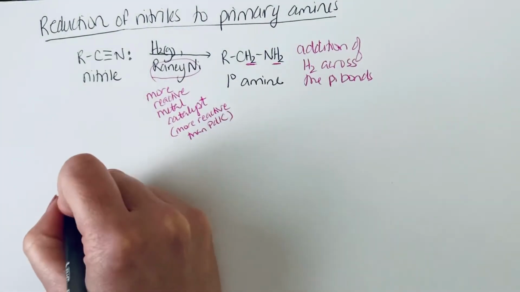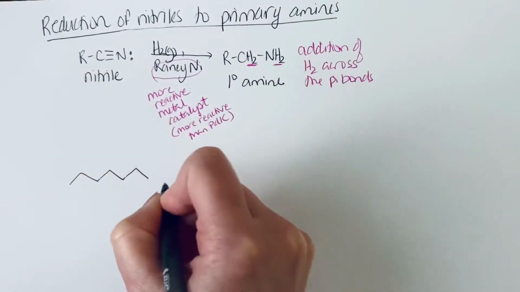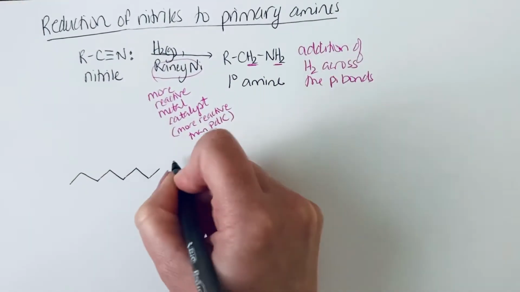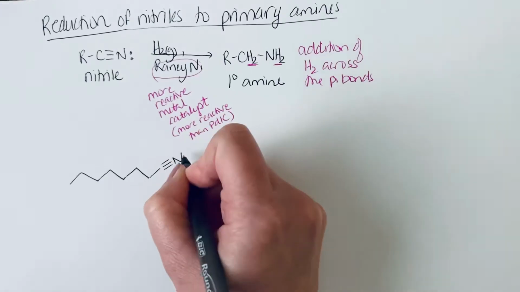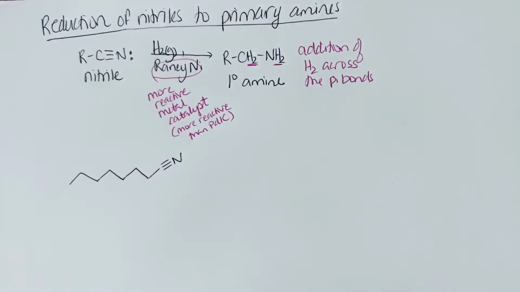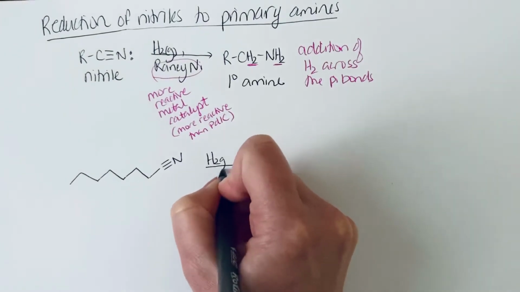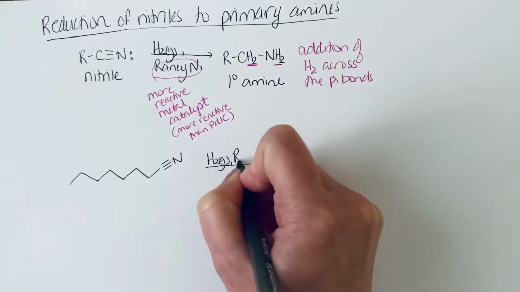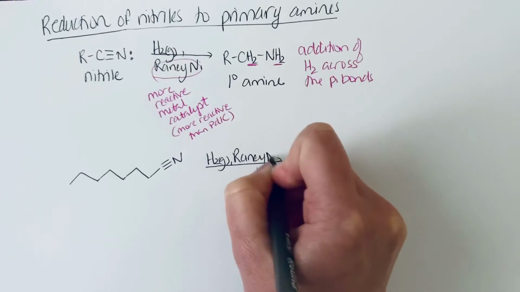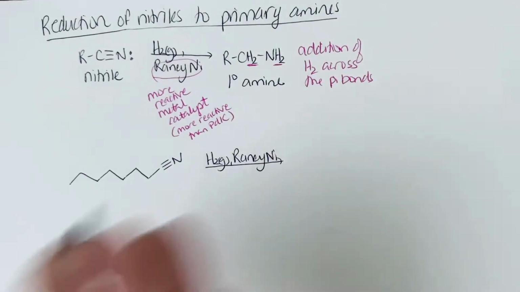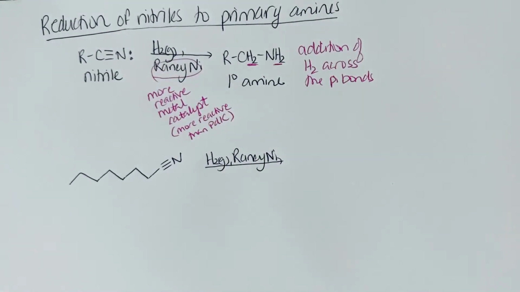Okay, so let's take a quick look at an example. Let's just draw a nitrile. I got a little carried away with my carbon chain there, but that's all right. So this is a nice long carbon chain, and if we do this hydrogenation, drawing the product is pretty straightforward. We're not going to draw a mechanism for this, but to draw the product, we really just want to carefully count our carbons.